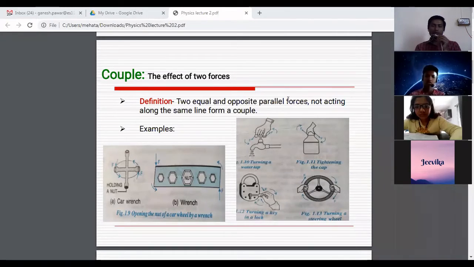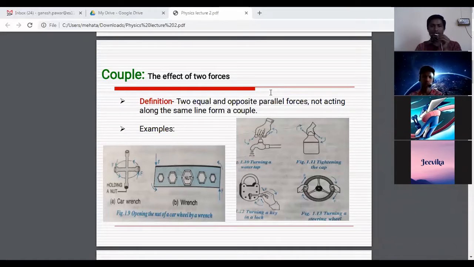Why in moment of force have we considered the effect of only one force? The reason is that when you calculate the moment at the hinges, what is the value of the moment at the hinges?